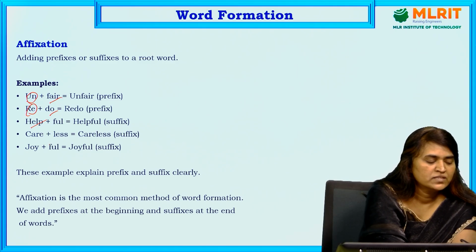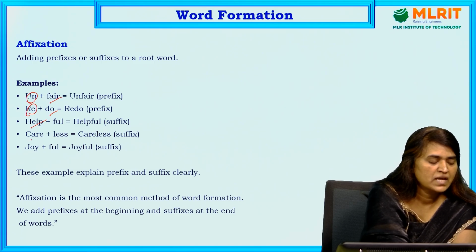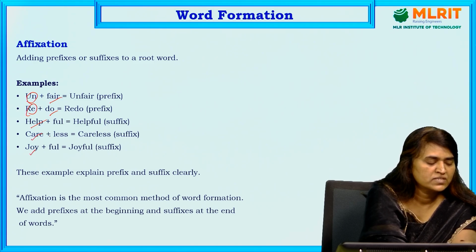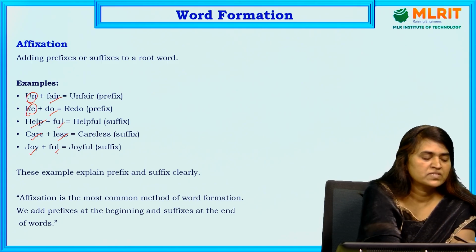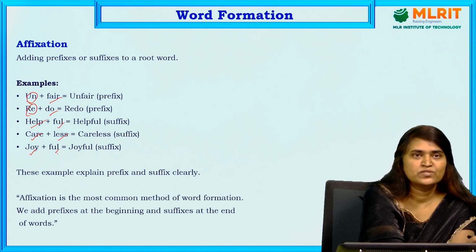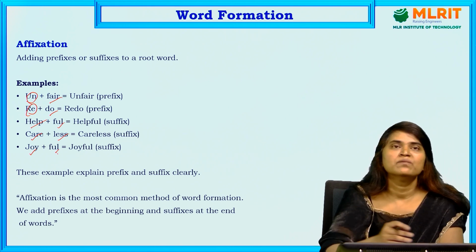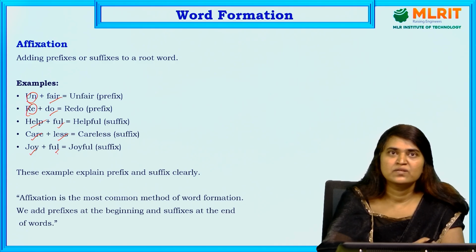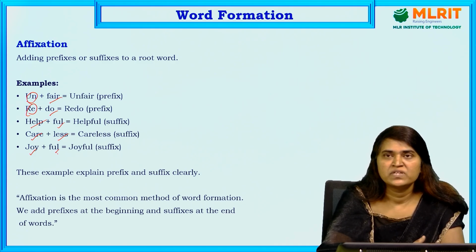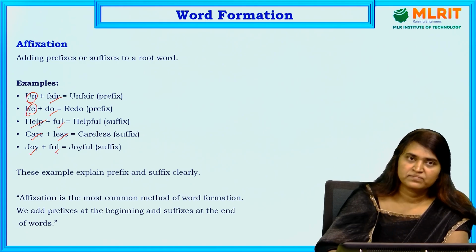And in the other two examples, care is a root word, joy is a root word, and less and full are suffixes. When we add suffixes to the root word, we get new words. So adding prefixes or suffixes to create a new word is a type of word formation called affixation.